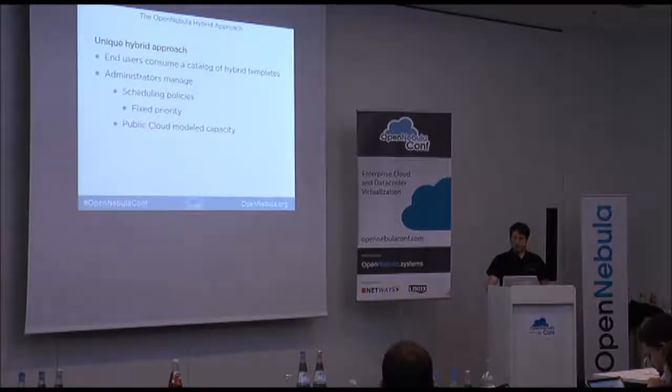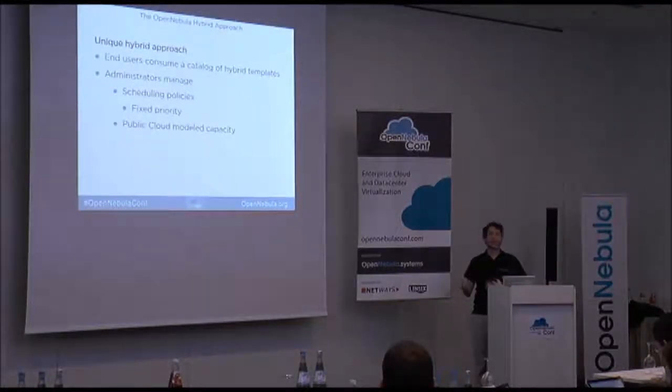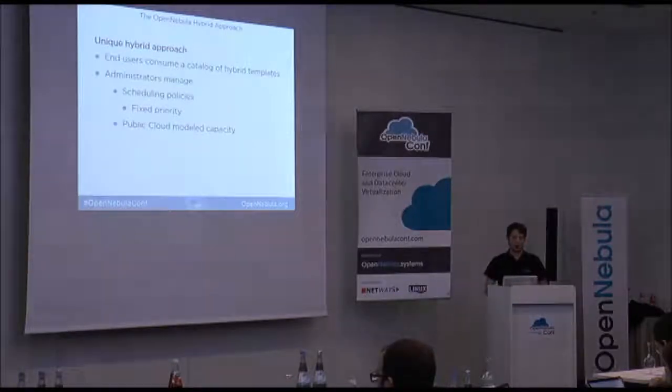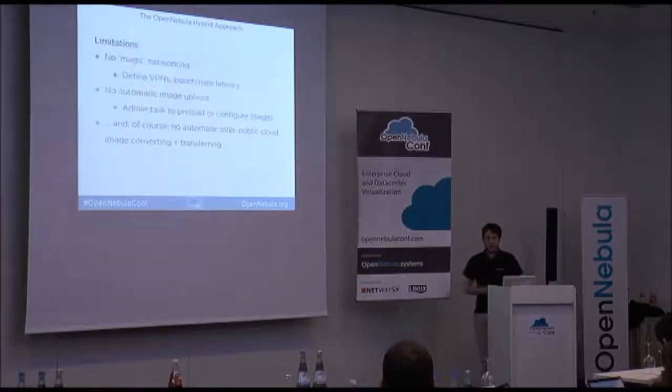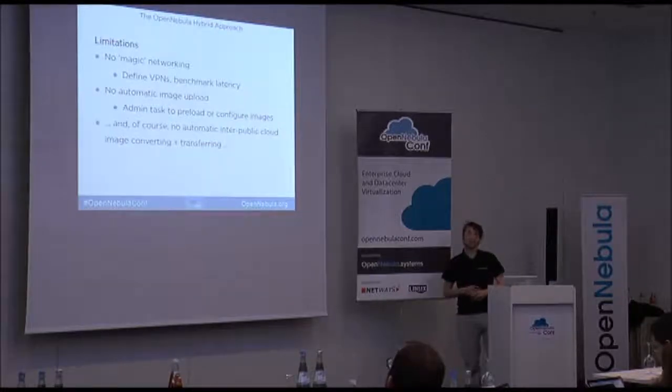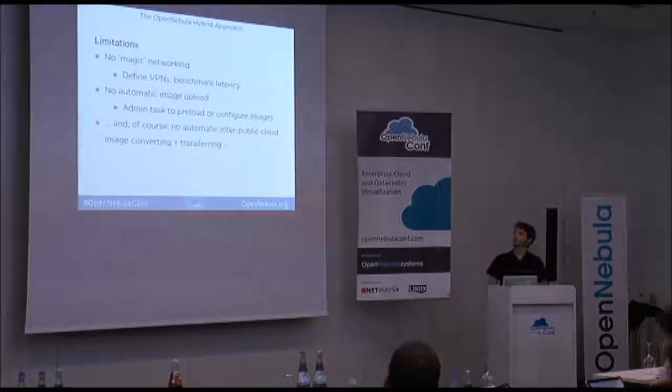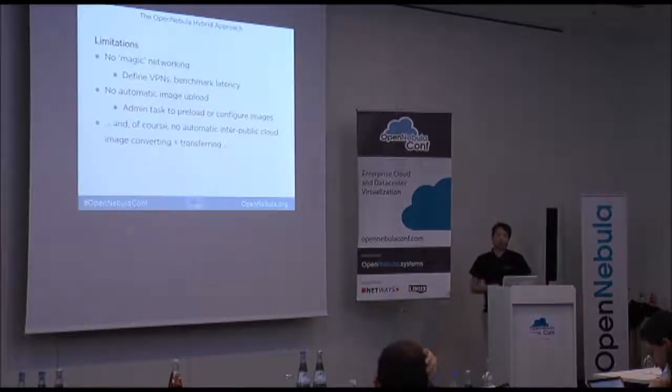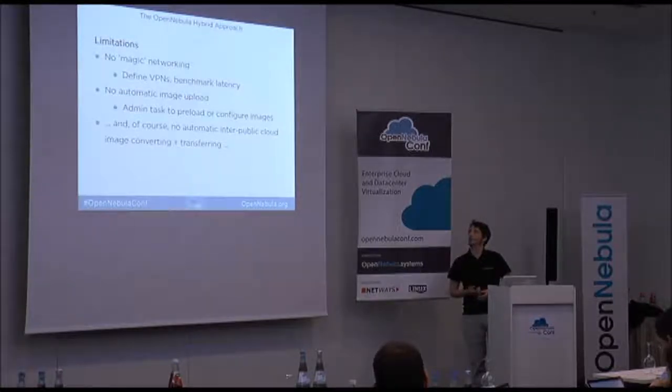Okay, so this is how OpenNebula models the public cloud and how end users consume these VM templates. But, well, obviously, OpenNebula doesn't do any magic, so there are some limitations that apply here in hybrid environments. For instance, things that the administrator has to take care of is networking.